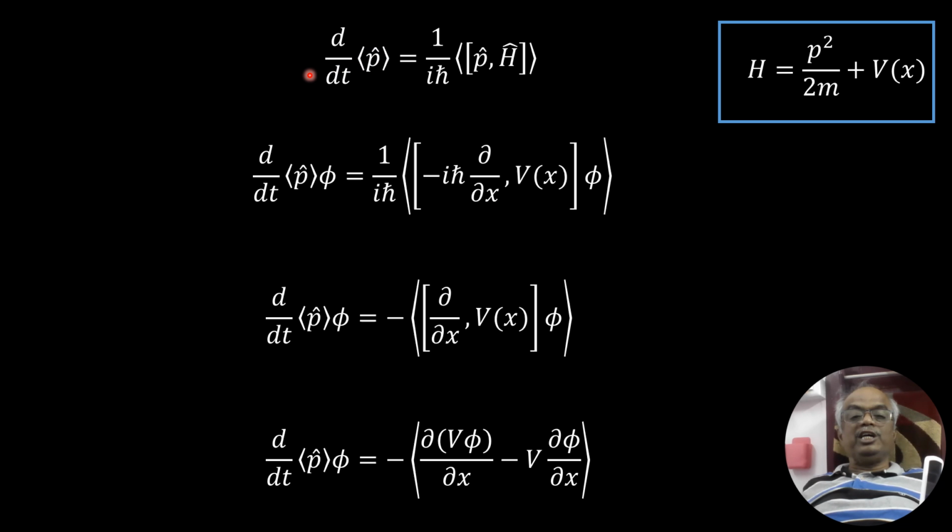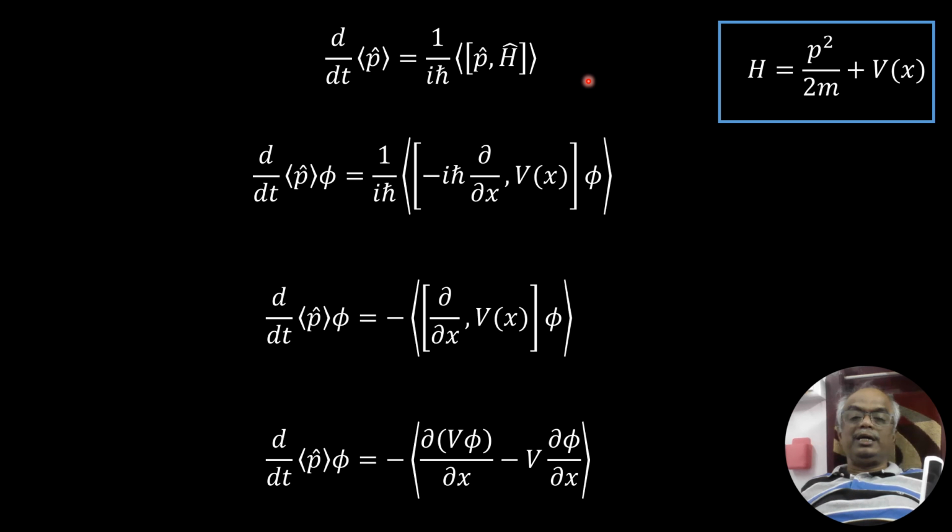So far we have seen Ehrenfest's first theorem, that is, the time derivative of the expectation value of x. Similarly, we can find the time derivative of the expectation value of p. By definition it is equal to 1 over i h cross times the expectation value of the commutator of p with the Hamiltonian, if there is no explicit time dependence.